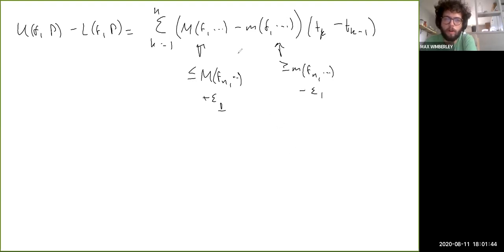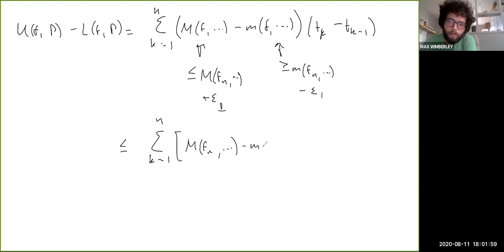So overall, this is less than or equal to the sum from K equals 1 to N of capital M of Fn minus little m of Fn plus 2 epsilon 1 times T K minus T K minus 1, right?